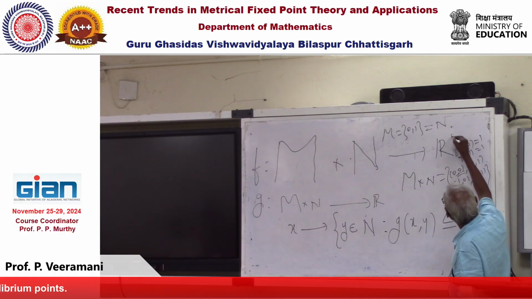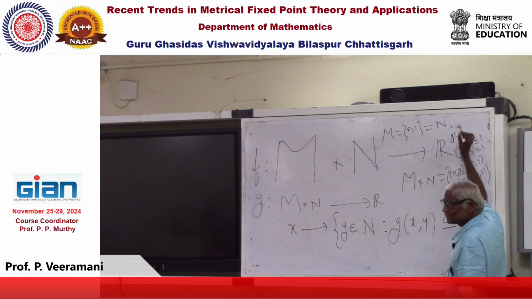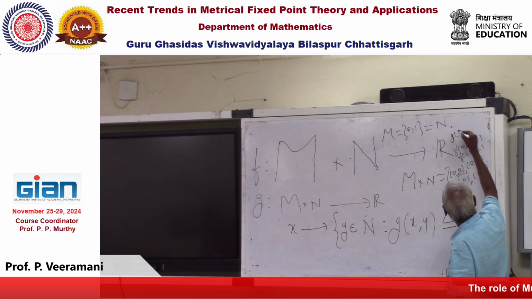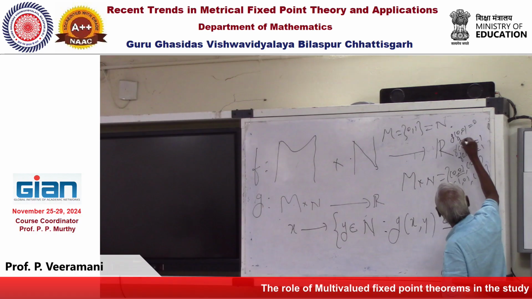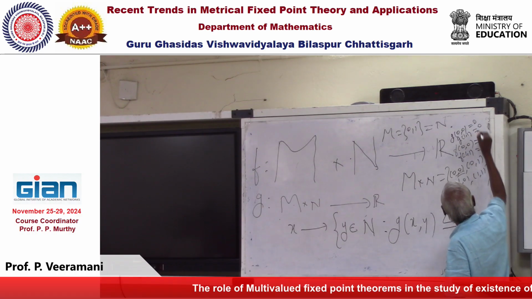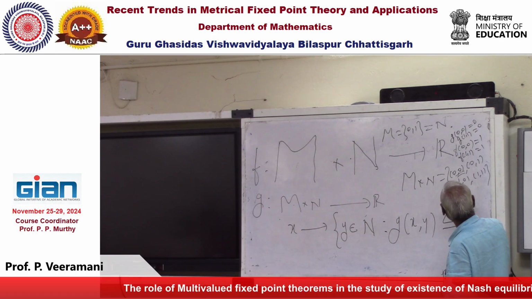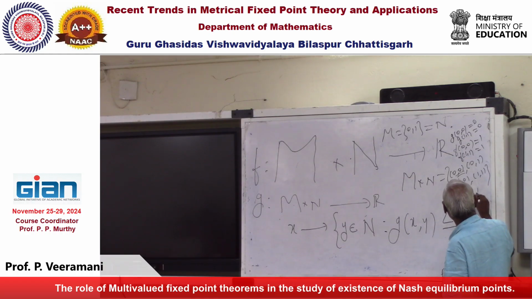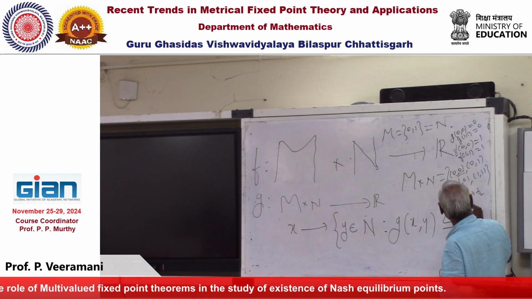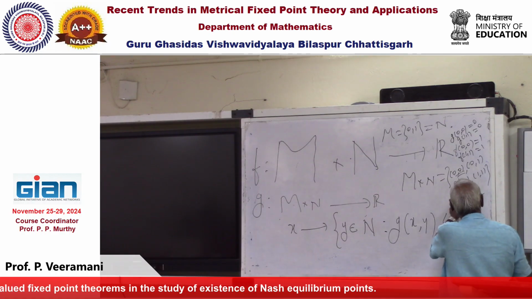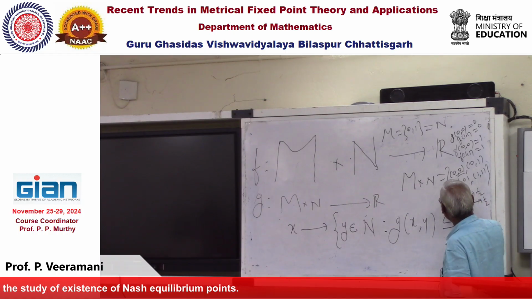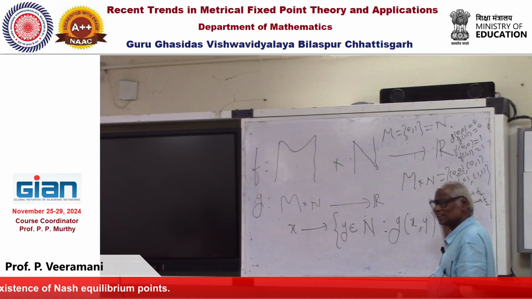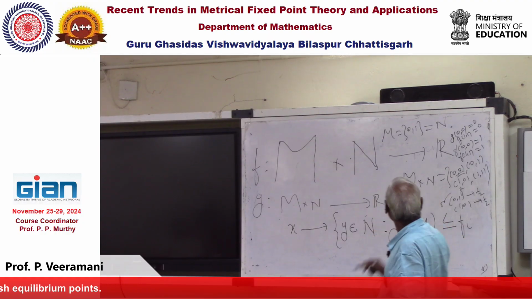Otherwise the second player gets 1, let us say g of 0, 0 is 1, or we call it 0, g of 1, 1 is 0. Similarly in the other case, 0, 1 goes to, say, half, and 1, 0 goes to half for f, and similarly for g.